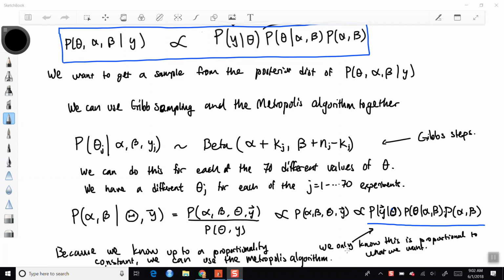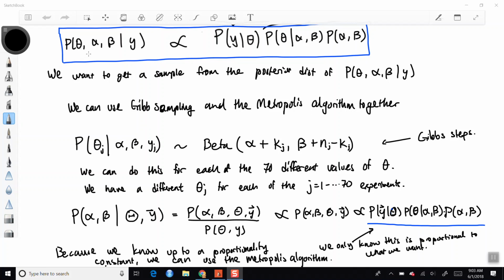I just described the setup for a Gibbs sampler, or a sampler that's a hybrid between a Gibbs sampler and the Metropolis algorithm, where we are treating the hyperparameters of the prior distribution as random variables.